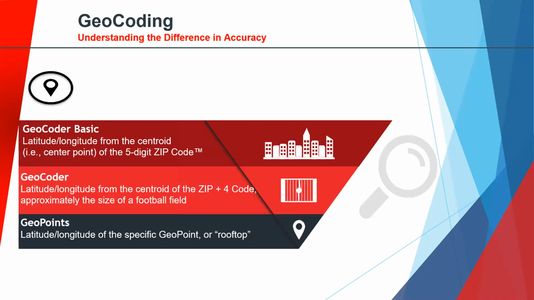So if you would like to have the latitude and longitude precise to about 1.5 inches to the mailbox delivery vehicle for that particular address, then you can subscribe to GeoPoints. That can vary depending upon the type of address that you're looking at, of course. If you're going for stores in a shopping mall, chances are that they're all going to have the same latitude and longitude because the mail delivery box is going to be in the same place.